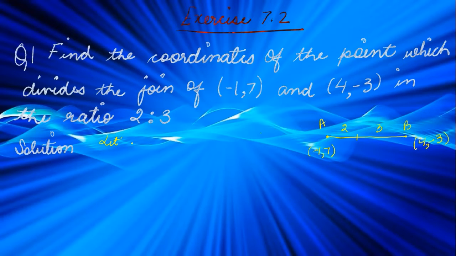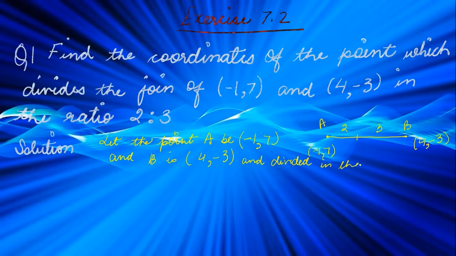Let the point P divide AB, where A is (-1, 7) and B is (4, -3), in the ratio 2:3.